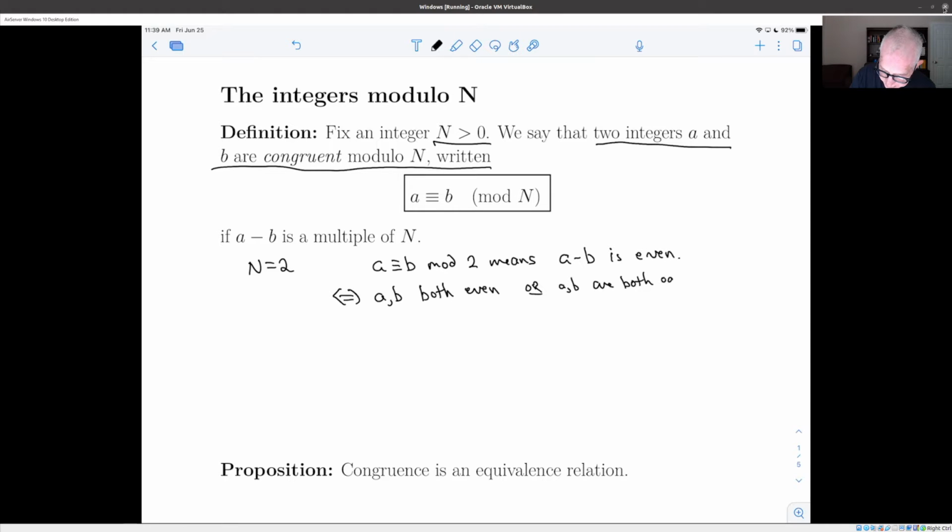Because if you're both even, then your difference is even. And if you're both odd, your difference is even. But if a were odd and b were even, their difference would be odd, which isn't a multiple of 2. So the relationship a congruent to b mod 2 could also be expressed as a and b have the same parity.